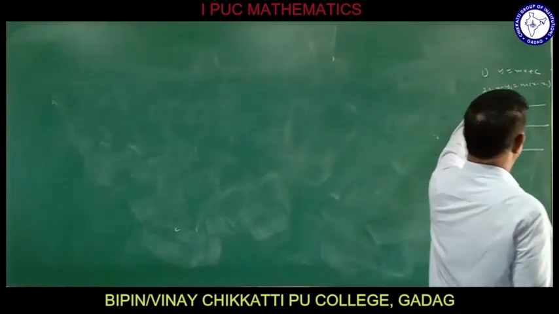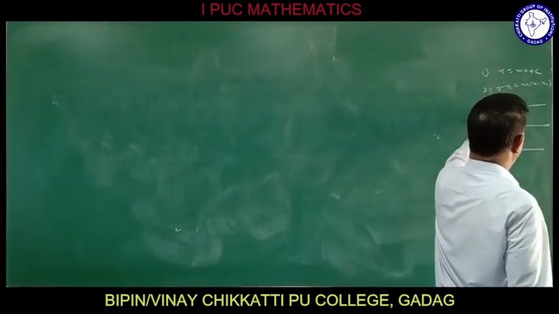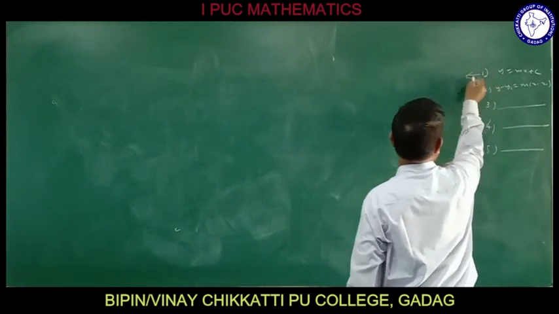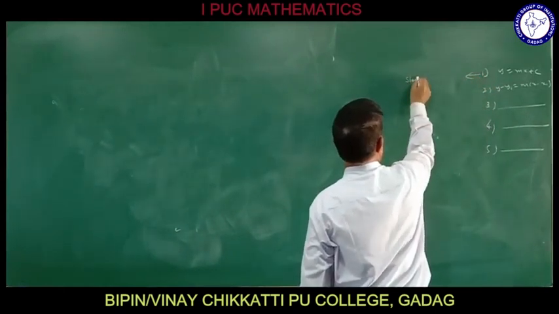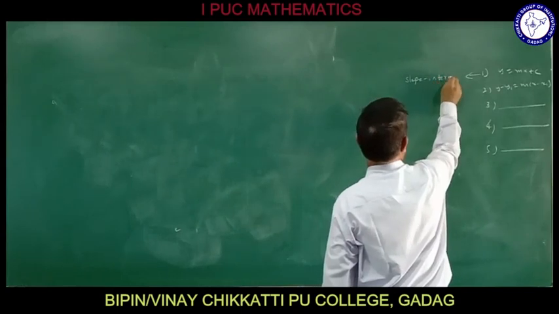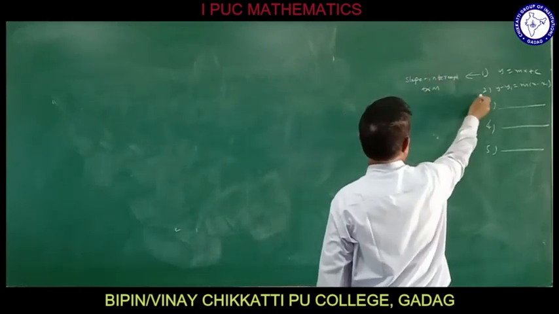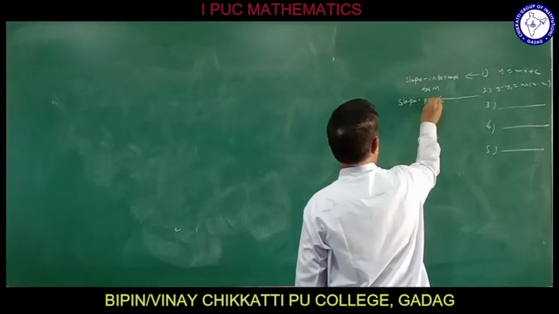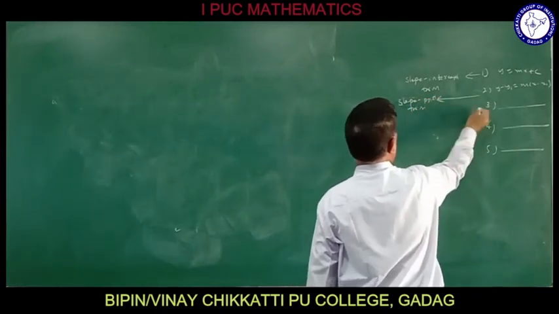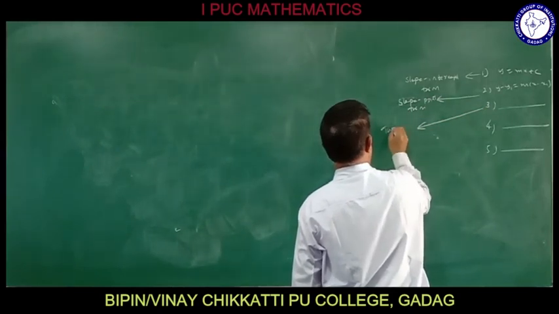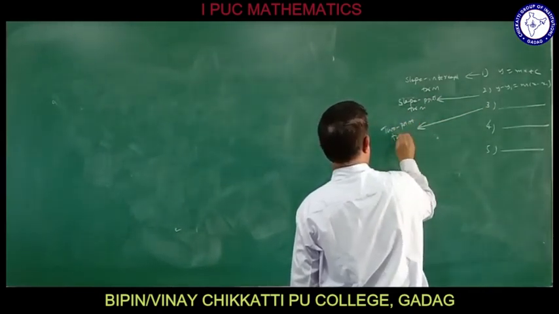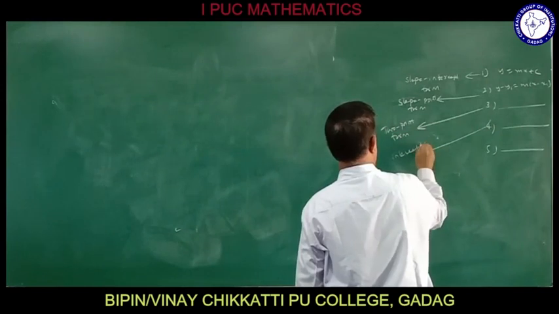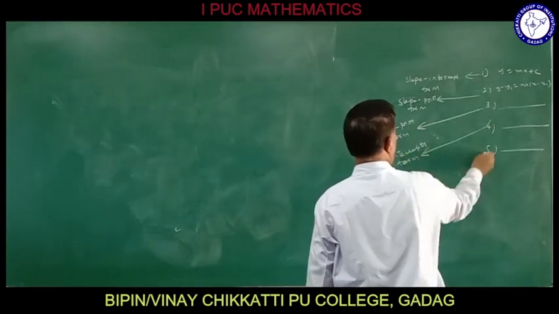Once again, this is the slope intercept form, this is the slope point form, the two-point form, the intercepts form, and the last one is the normal form.